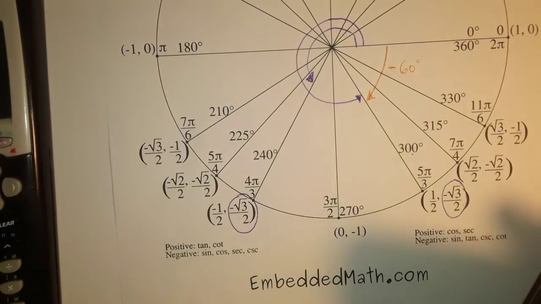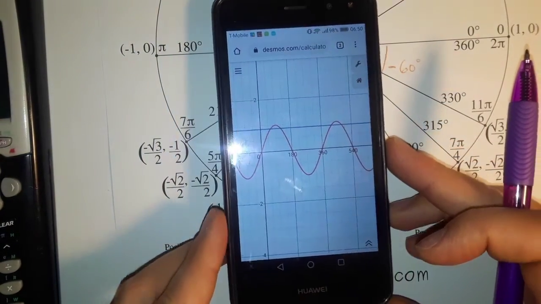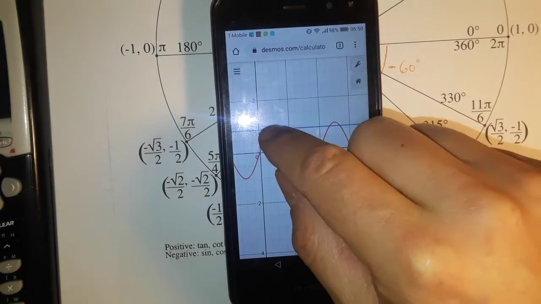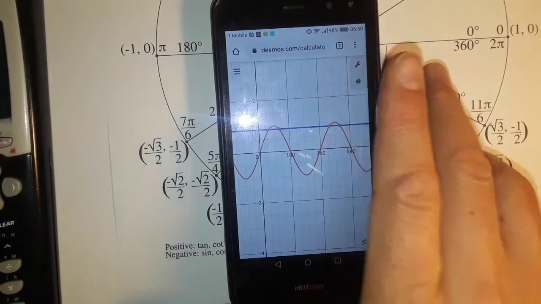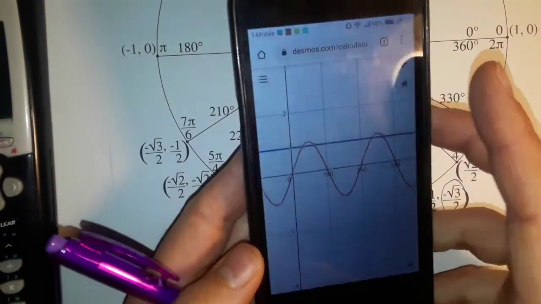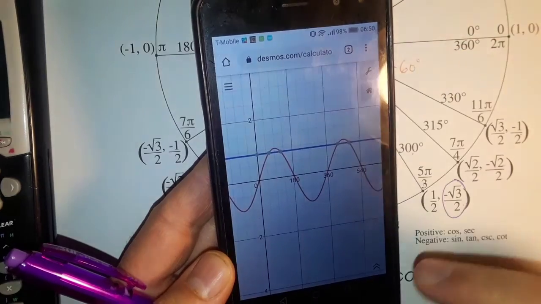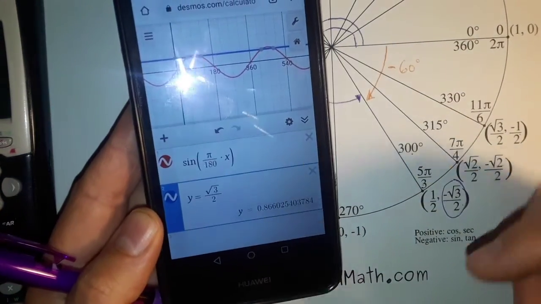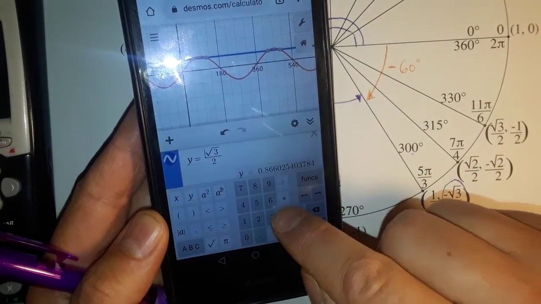Another way to look at this is using Desmos. You can also grab this, and here we go. Sorry, I have a mistake here because that's a positive. This is a positive here. Here I have it written, but I made a mistake. This should be a negative, right?